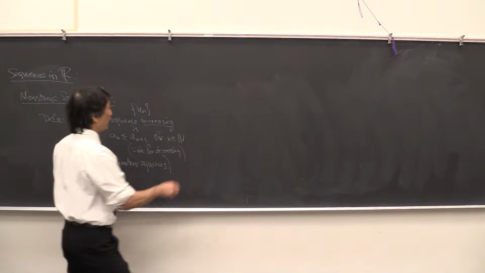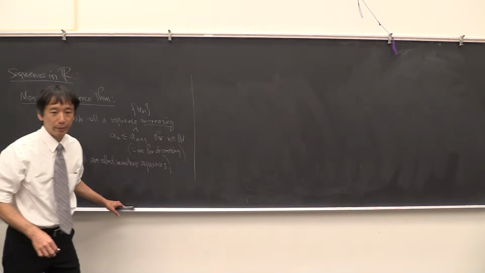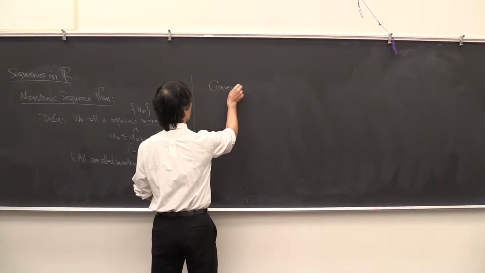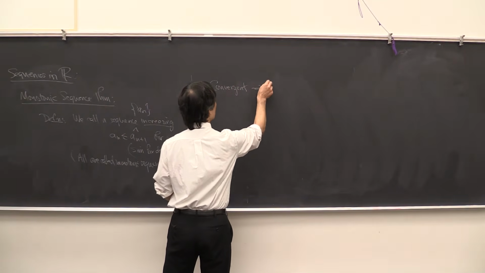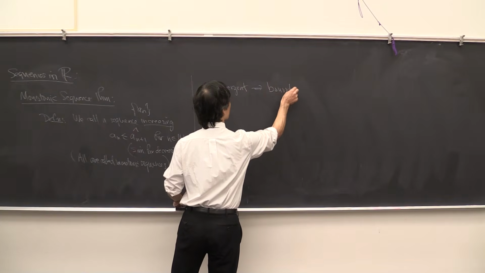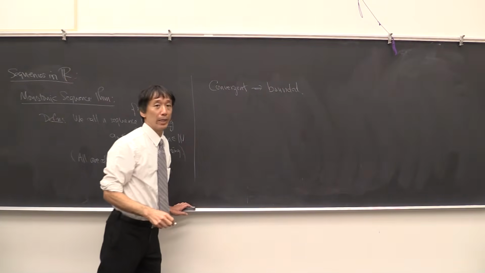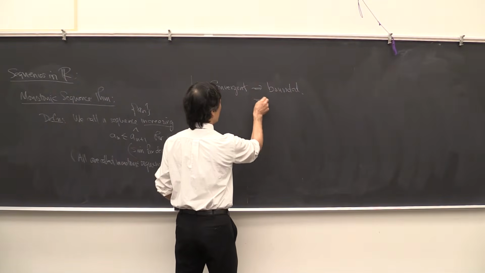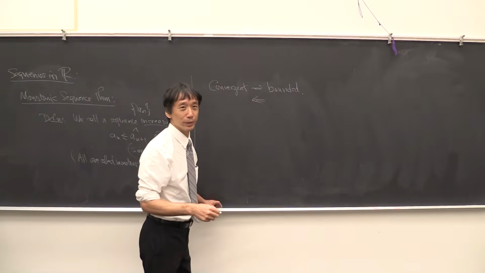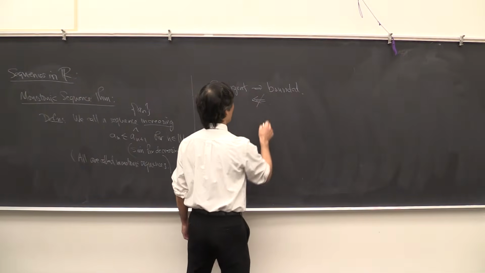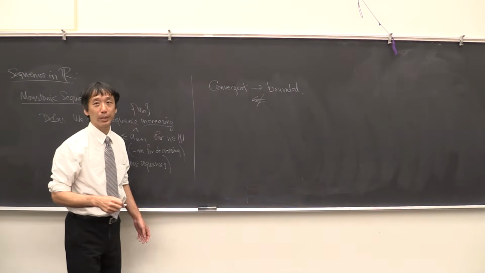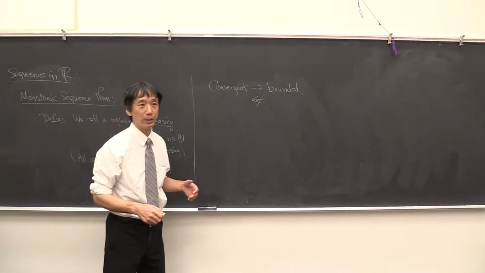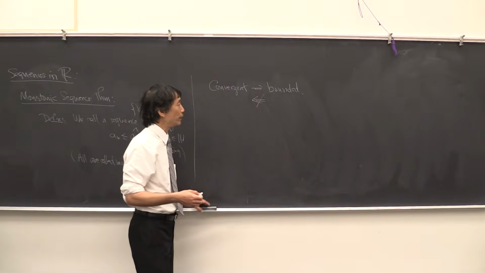One thing that we've seen before is that if a sequence is convergent, then the sequence must be bounded. It's definitely not true that bounded implies convergent. But in the case of monotonic sequences, that is true: it's convergent if and only if it's bounded.